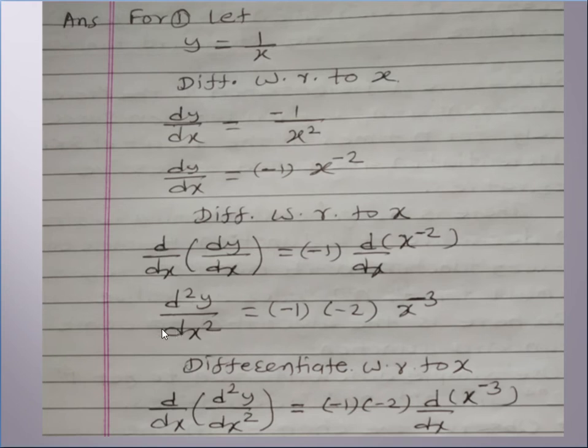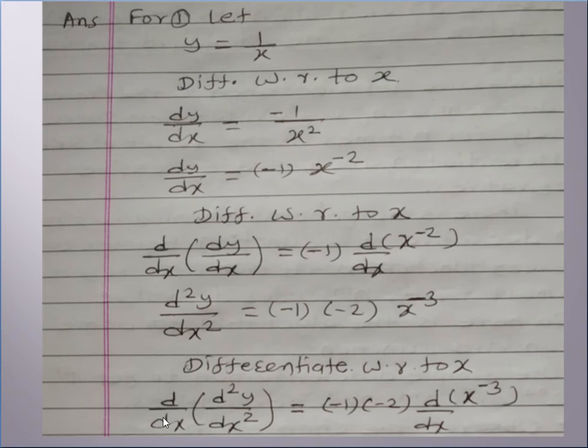That is, d square y upon dx square equal to minus 1 into the derivative of x raised to minus 2, which is minus 2 into x raised to minus 3. Here we use the formula: derivative of x raised to n is equal to n into x raised to n minus 1.